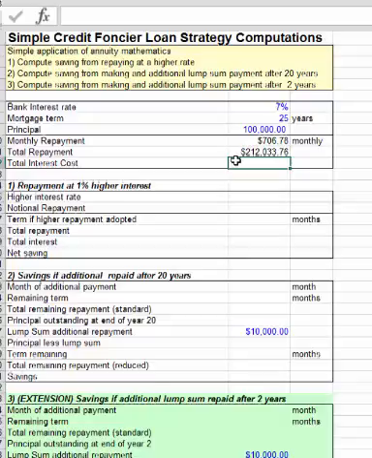We can work out what the interest cost is quite simply, because the repayments are principal and interest. So we've repaid $212,000. If we take away from that the principal that we're going to eventually repay, that means that we've paid $112,000 in interest. So in this case, even with a modest interest rate of only 7%, we're still spending a little bit more in interest than we have in the actual loan.